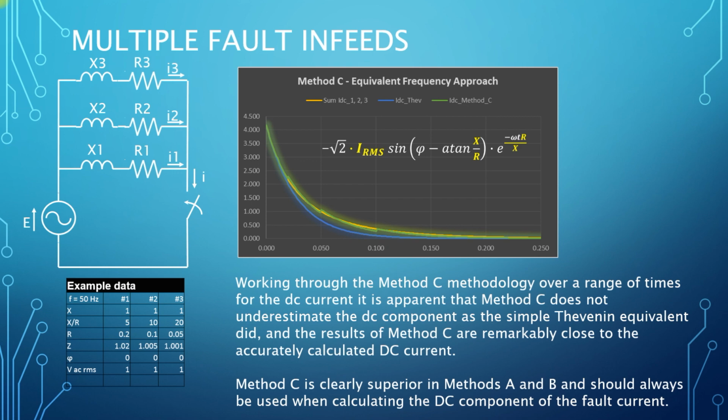But this graph shows us that irrespective of the time at which we do the calculation, method C gives us a close approximation to the true solution. So method C is clearly superior to methods A and B and should always be used when calculating the DC component of a short circuit fault current.